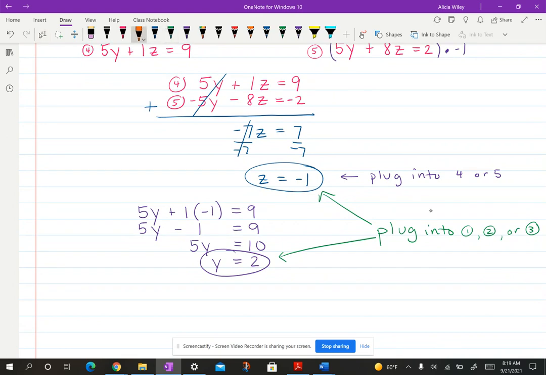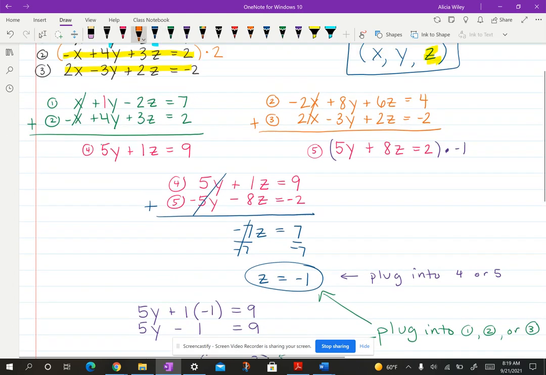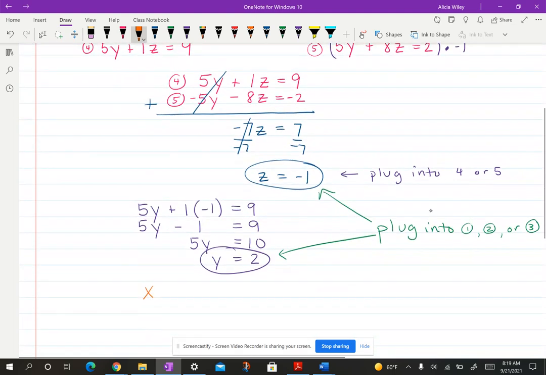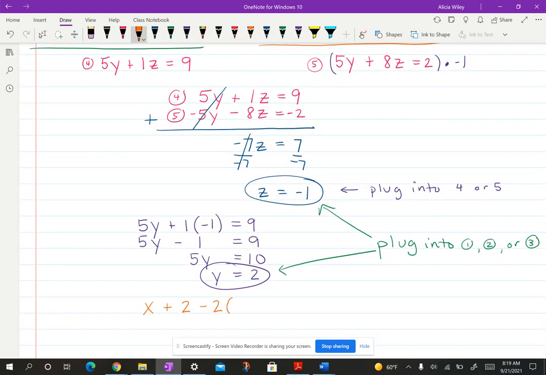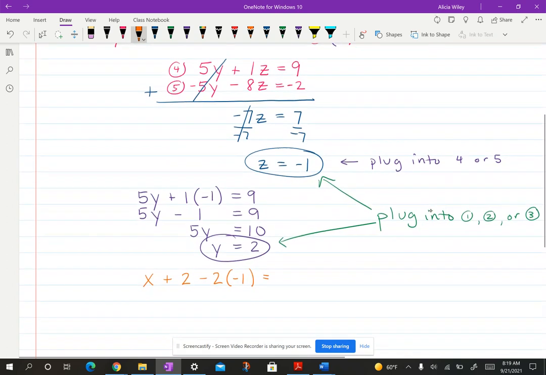So that's going to be x plus y. My y is 2, so x plus 2, minus 2 times my z, which is -1, equals 7. With a little simplifying, I do my multiplication, so I get a plus 2.